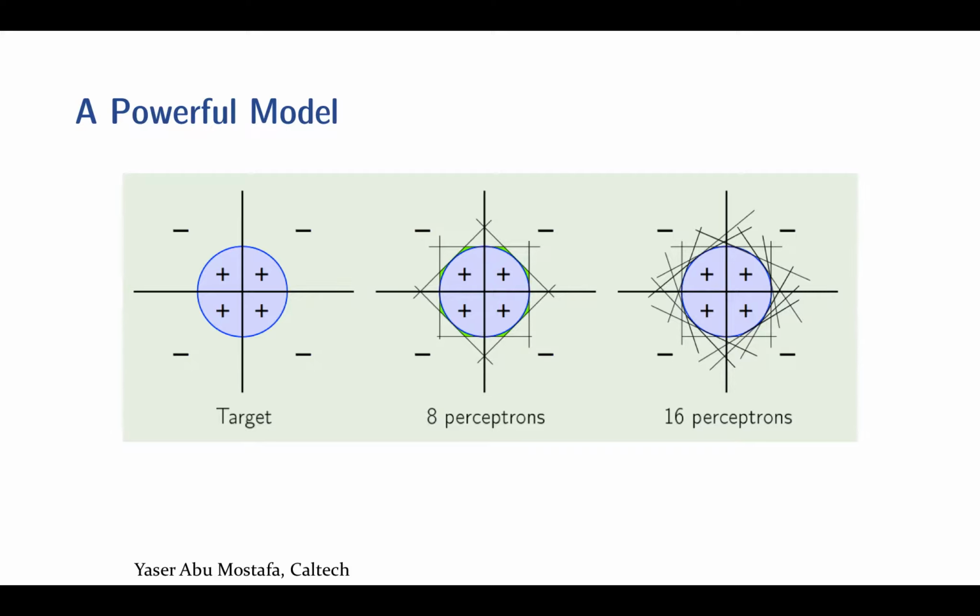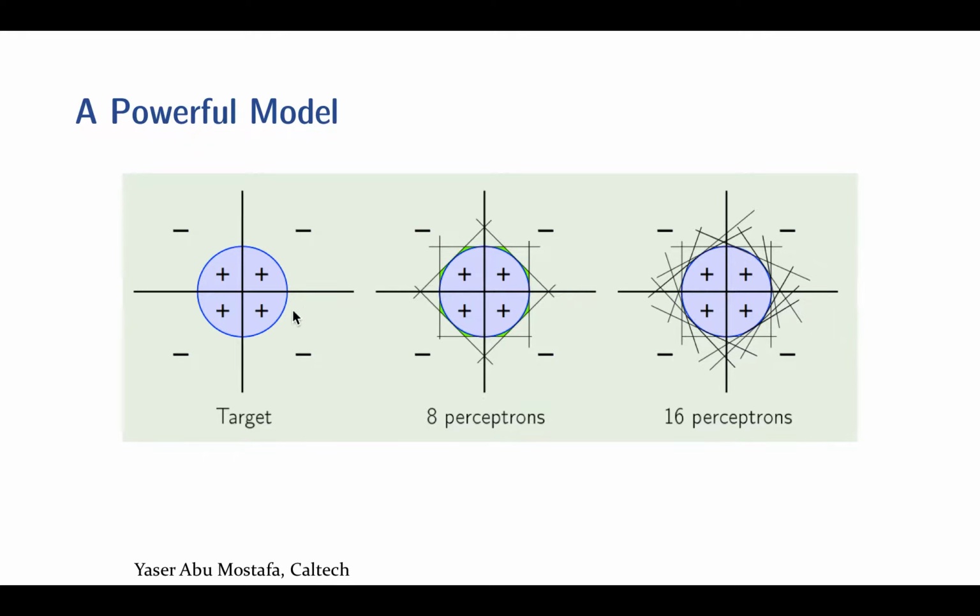Why? Because let's say you had a data set which was nowhere near linear separability. This data is such that there is a circular class in the middle and the other class completely surrounds it, so this is like a donut data set. This is as far away from linear separability as you could have thought of in these two dimensions for two classes. But if you allow a cascade of 8 perceptrons, you can interpret it as 8 linear boundaries.